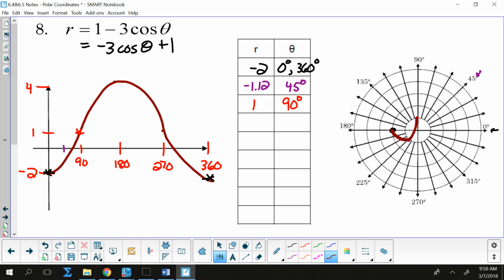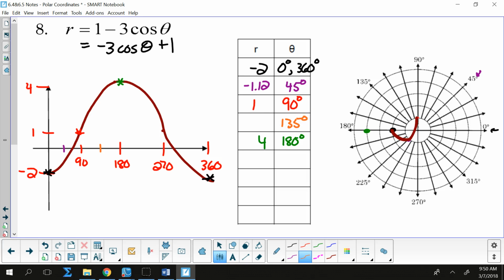Next easiest one would be 180 degrees, right? What's the value of my function at 180 degrees? 4? So at 180 degrees, 1, 2, 3, and 4, I go through there. Well, let's see what it does halfway between there. Halfway between there was, we said, 135 degrees.